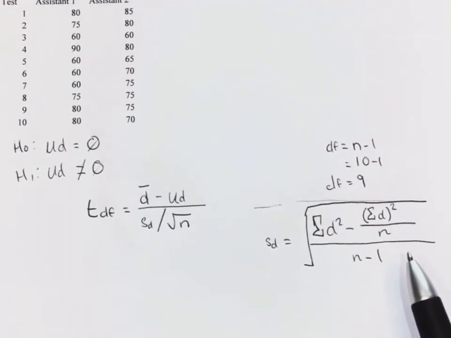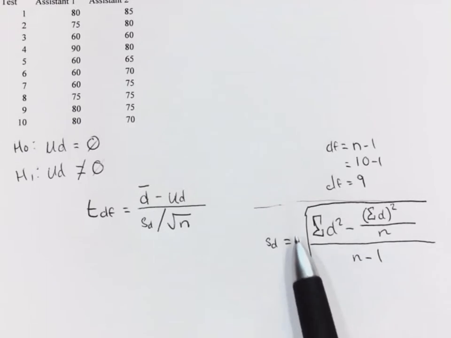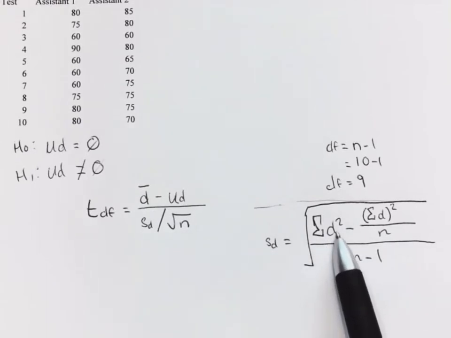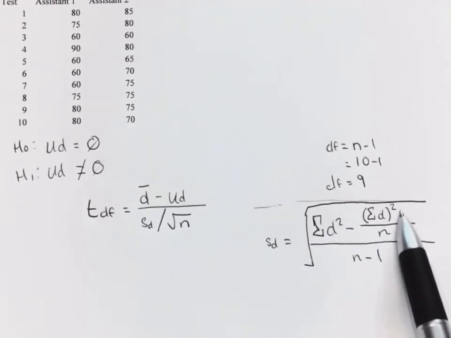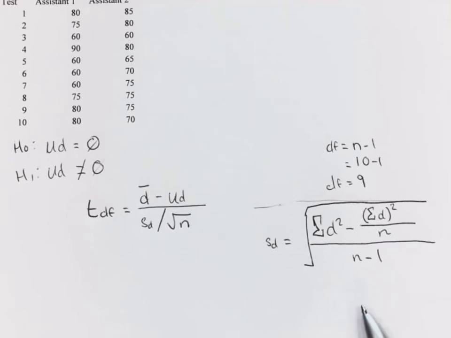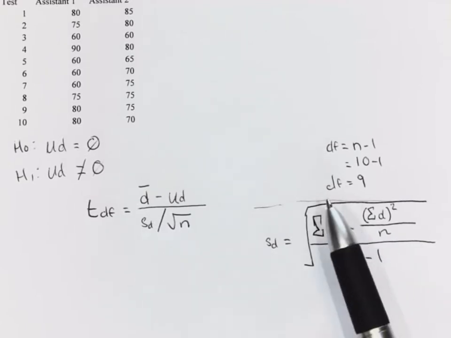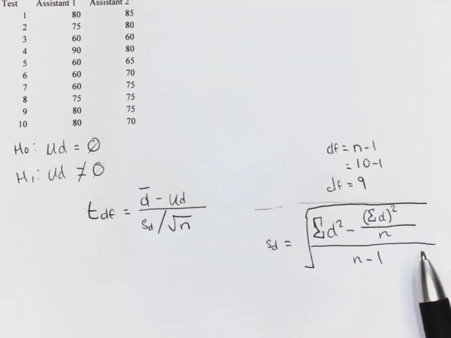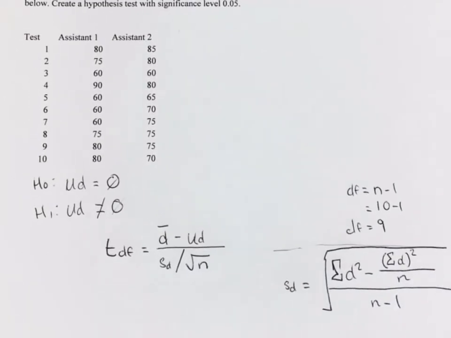To do this, we need the sum of our differences squared, and our sample size. This is the mean difference. So let's go ahead and determine our difference and our difference squared.